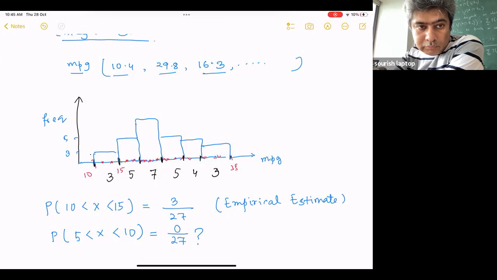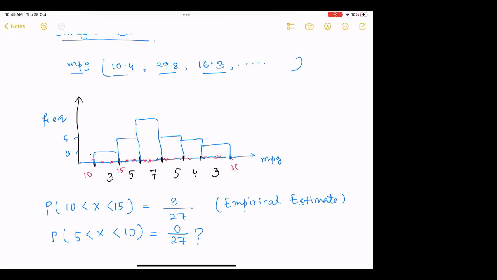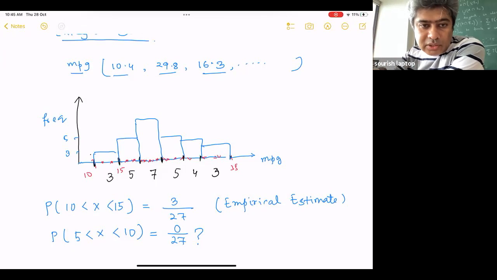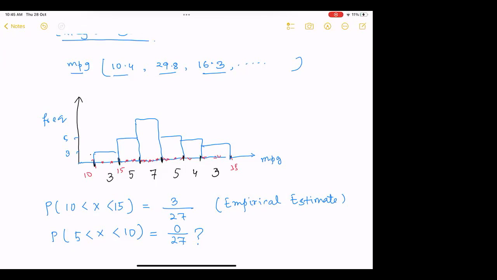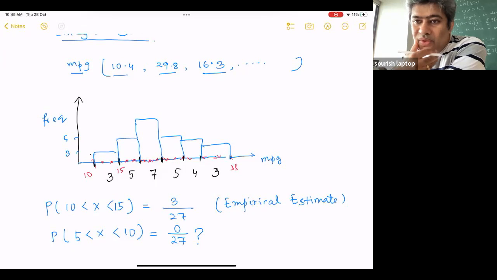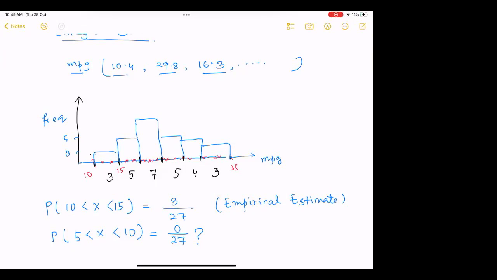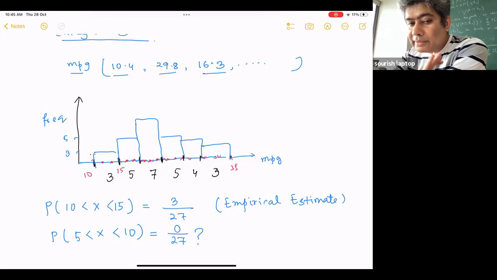Sir, you mean for a different sample? No, this is the only sample that you have. Yeah, so for this sample, the empirical estimate is 0. So we will just do 0 by 27, right? Yes, sir. Okay, do you think that estimate is correct?